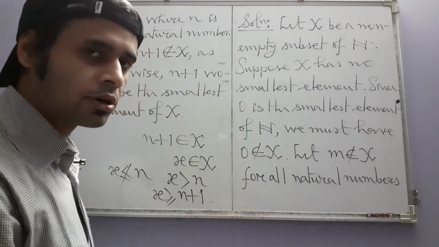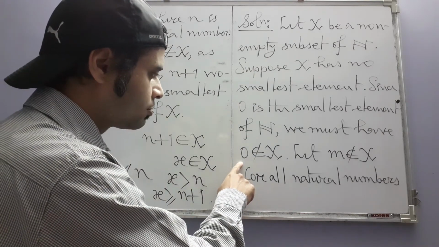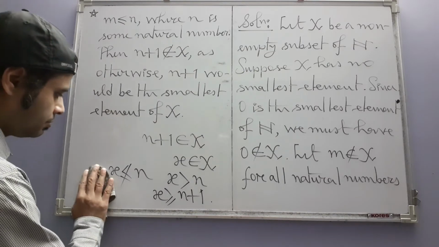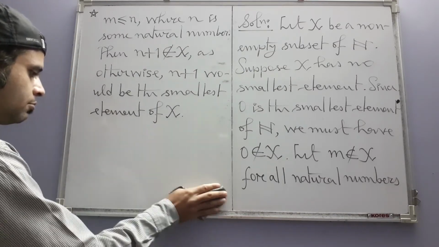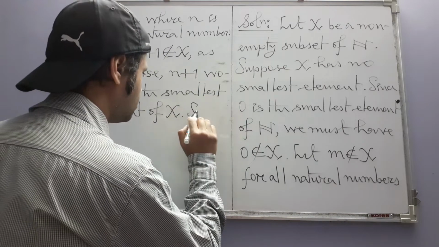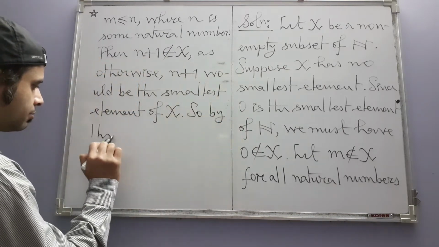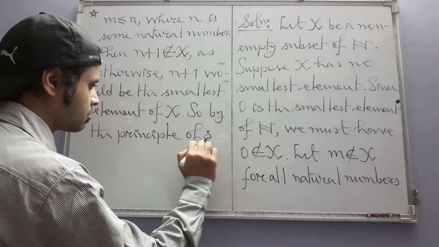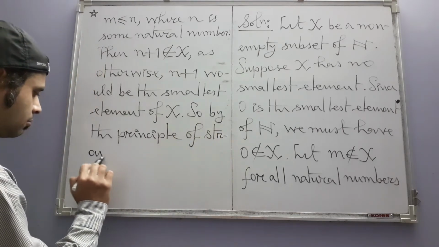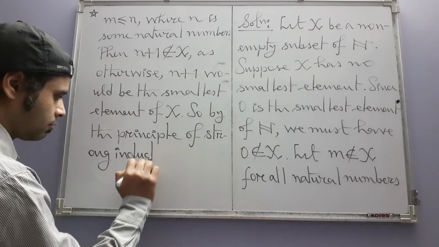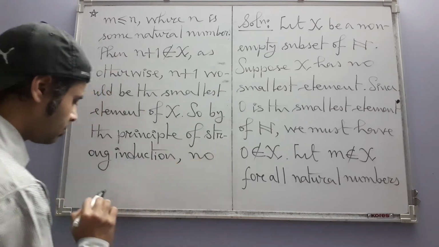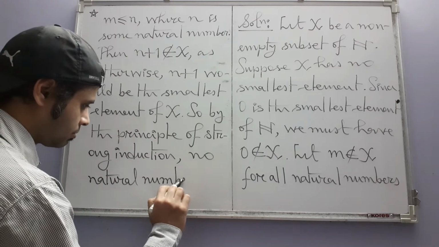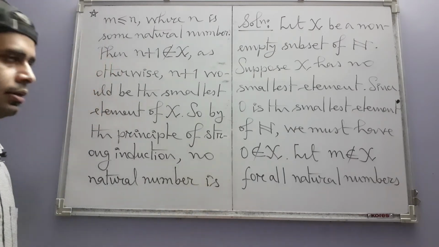Now by the principle of strong induction, we can say that actually no natural number belongs to X. So by the principle of strong induction, no natural number is in X as an element.